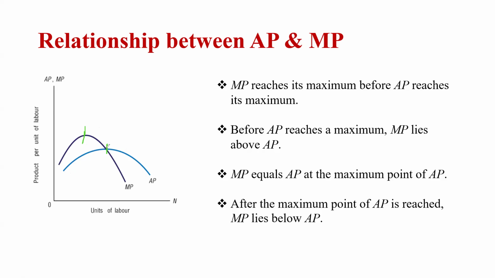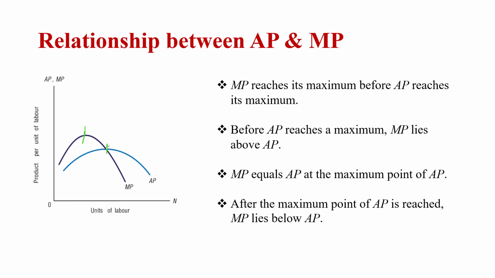And then they're also equal, and it's also the maximum of average product. And then after the maximum point of average product is reached, where MP is equal to AP, MP lies below AP. So MP will then lie below AP.